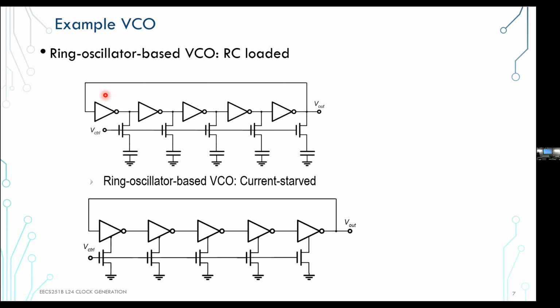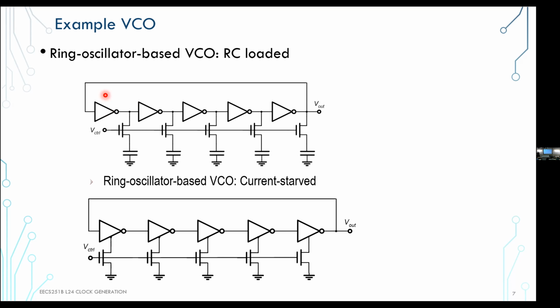And we know that the inverter delay is directly proportional, pretty much, to the level of the supply, right? So imagine perturbing the supply by 1%, you're going to get a proportional response in the time delay at the output, which means that you would be highly susceptible to supply noise in this type of voltage controlled oscillator, right?